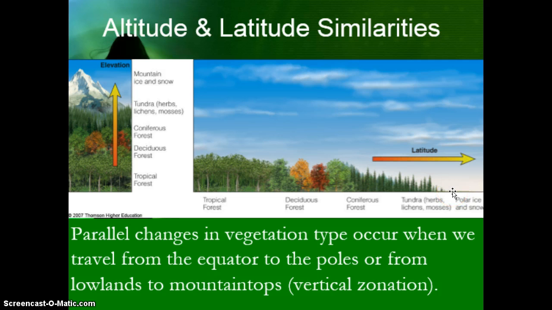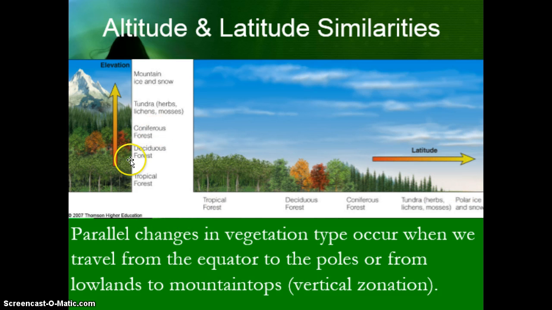And that basically happens because as you go up in altitude in the troposphere, the temperature goes down. And since it goes down, cold air can hold less moisture. And as the temperature goes down and the moisture goes down, there's going to be less precipitation in general. So that's going to cause this similar change here.